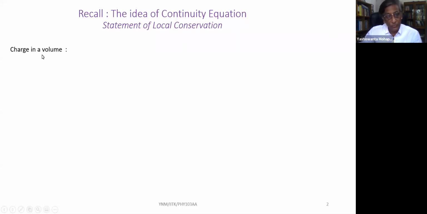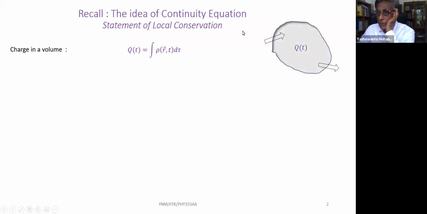That's the motive. Now let's look at charge in a volume. Q at any time t is an integral of the charge within the localized charge distribution that we are looking at. So if this is the volume, then Q(t) could be coming in and going out, which means there is a current at the surface.